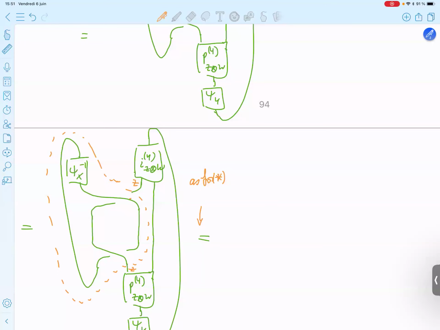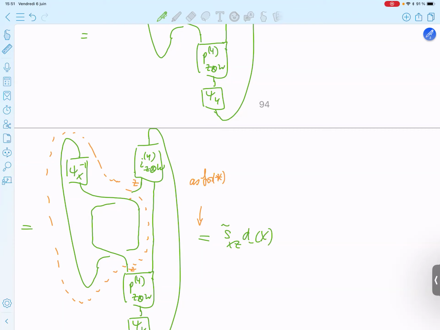This part is just the identity times a constant, and we can evaluate the constant. So this is exactly as before. So you get S tilde xz, d minus x.